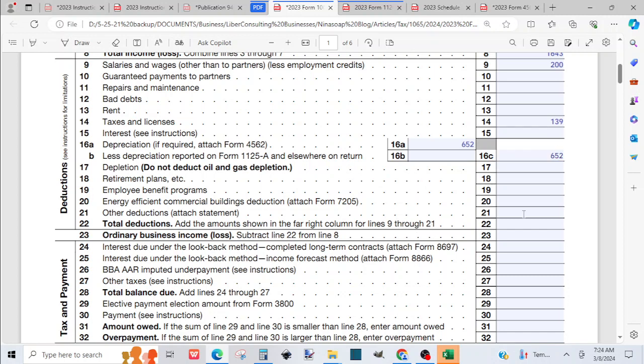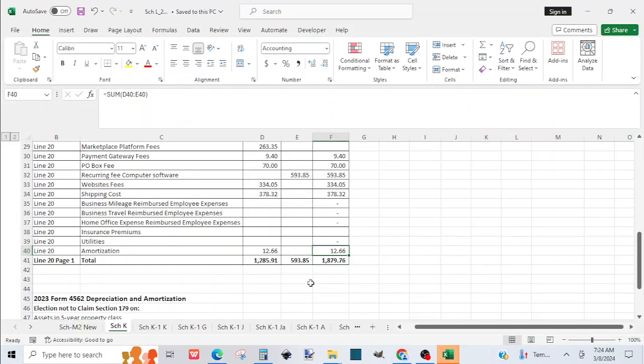And again, the amortization will be on an attachment, and the total will go on line 21, other deduction. Since we might have some expenses that are not listed here, we will not put that 13 on line 21 by itself. It will be a part of the attachment so that we can put the total on that line.